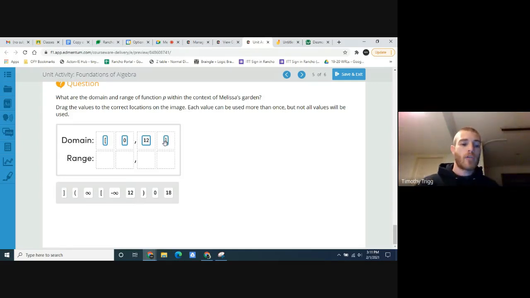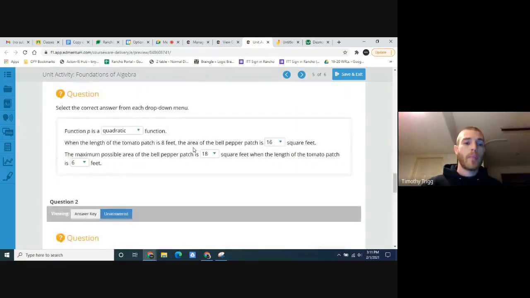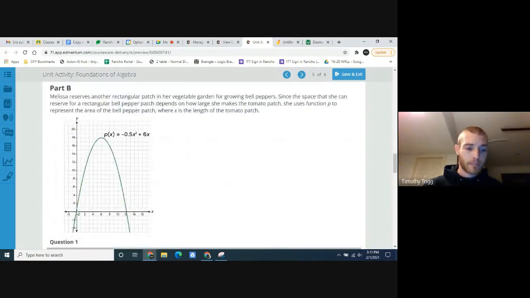What about the range? Well, the range are the y values. Notice the lowest y value. Well, it keeps on going down forever, right? So the lowest range value would be negative infinity. However, in the context of this problem, you can't have a negative area of the pepper patch.